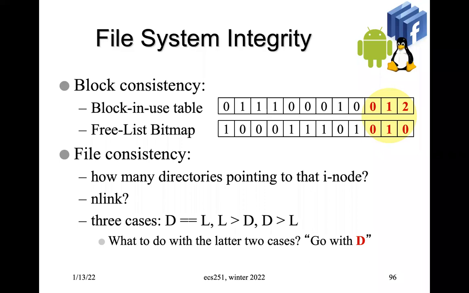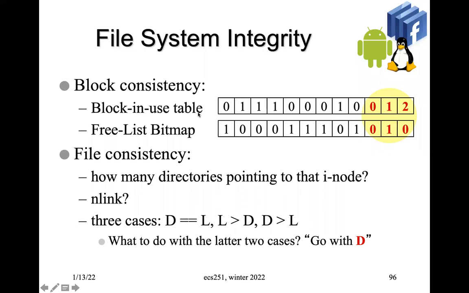So what I'm going to do is create a second bitmap. In fact, you will see that it's actually not a bitmap, it's an integer array. At least conceptually, it needs to be. This is called block in use.